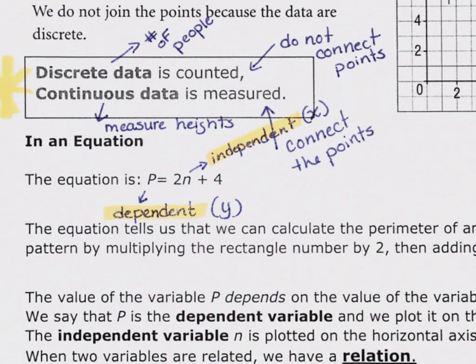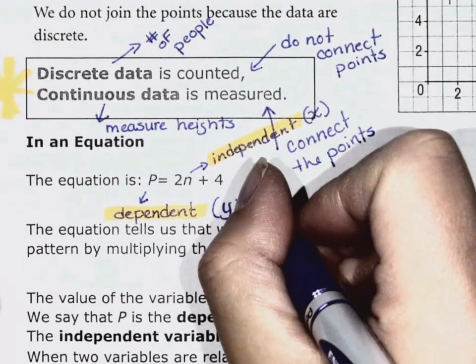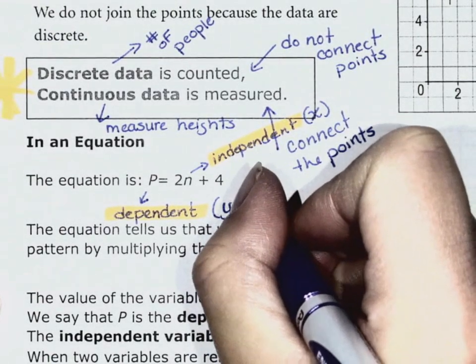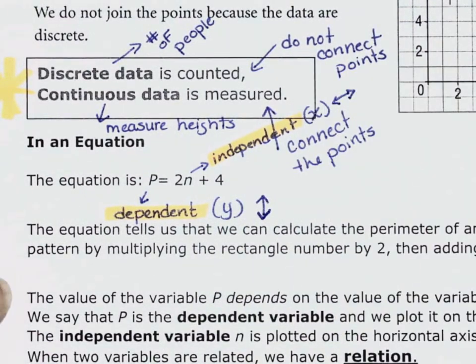Is x horizontal or vertical? Horizontal. And our dependent goes on the y-axis, so that's our vertical. So up, down, and this one is left, right. That's a lot of stuff to cram in there, guys.